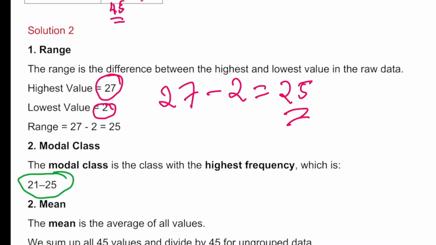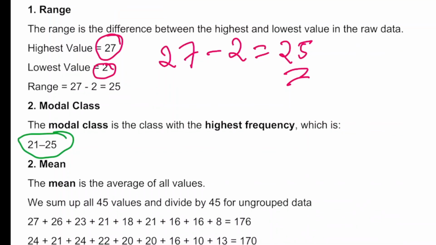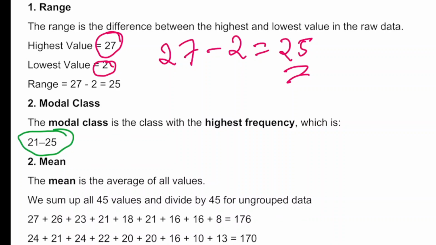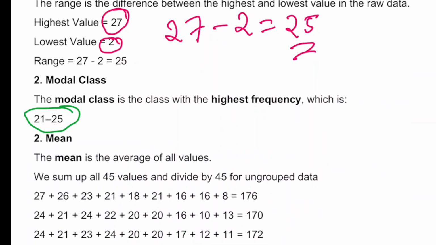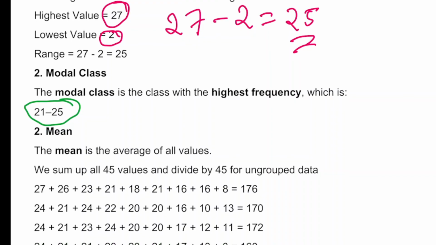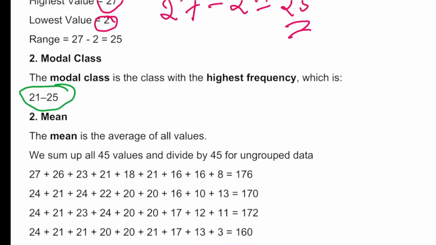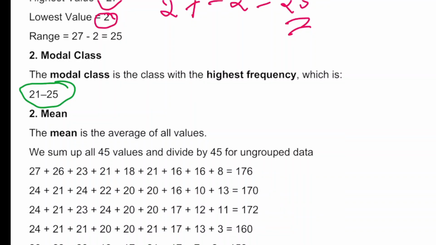Okay, mean. Mean and median sometimes confuse me. So what's the mean? The mean is the average of all values. For example, in our data we have 45 values, so we take all the values starting from 27 plus 26 plus 23 plus 21.